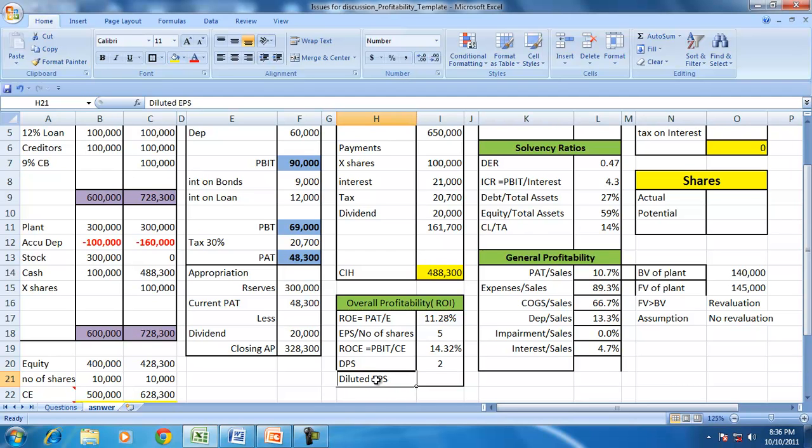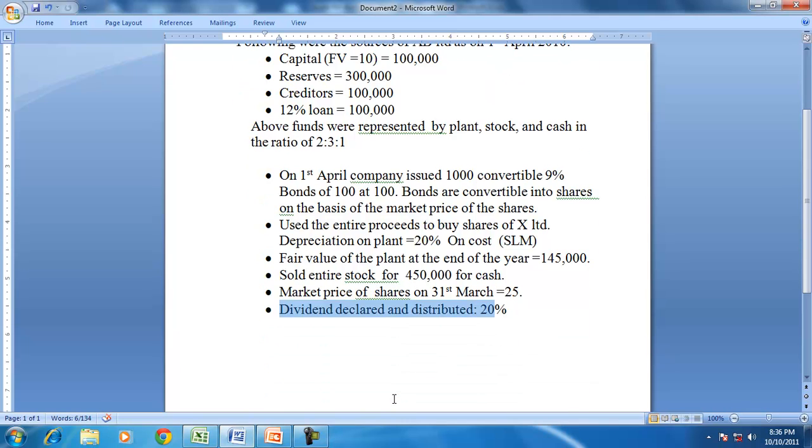But according to Accounting Standard 20, it is also necessary to calculate the diluted EPS. The diluted EPS is equal to adjusted PAT divided by adjusted number of shares.